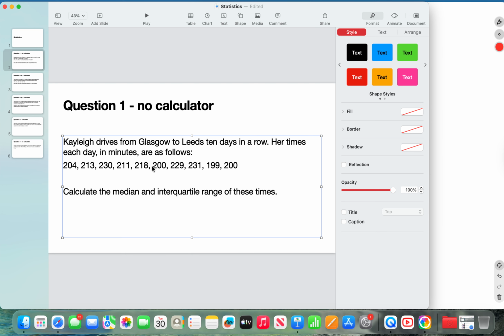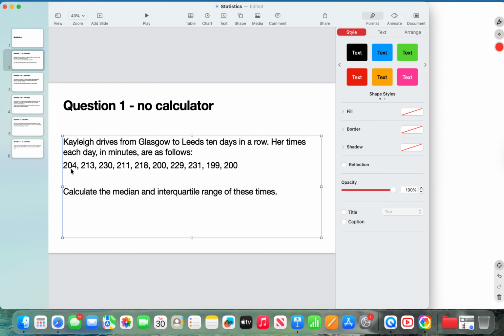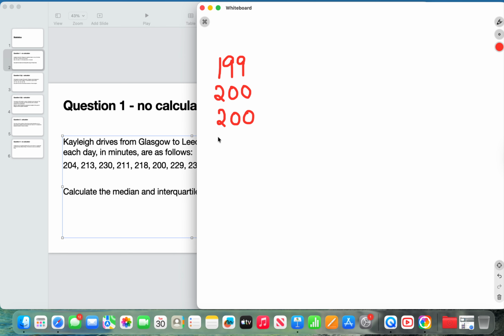And you see we have 200. We have that twice. I'm going to write all of these in a vertical list. Then 20, we have 204, so that's 204.